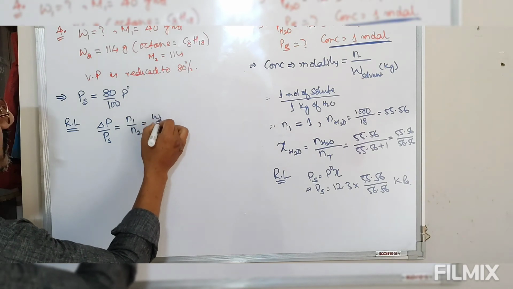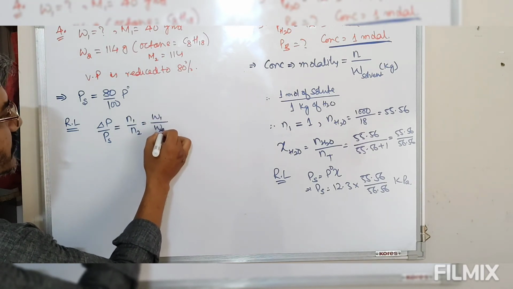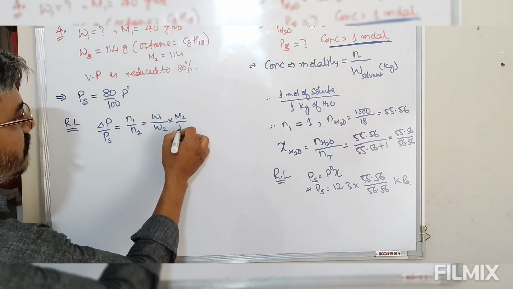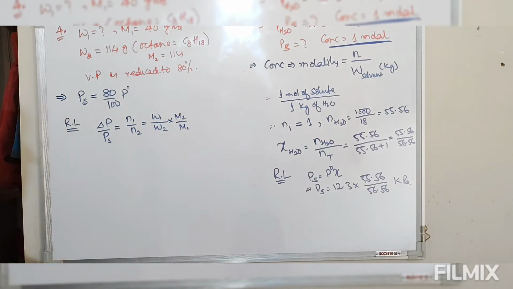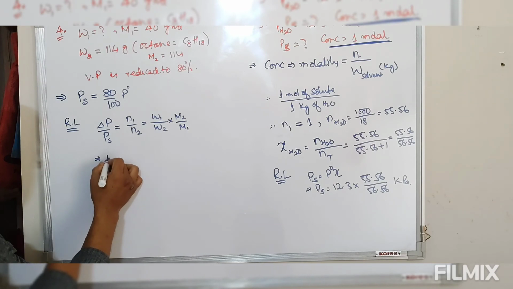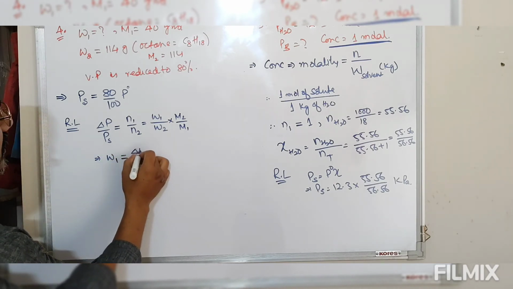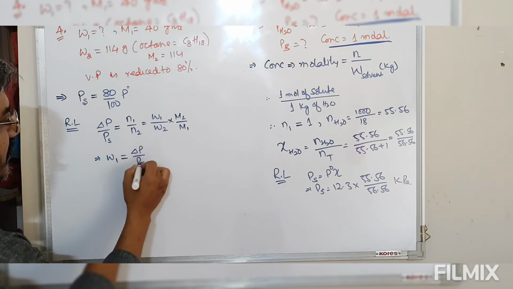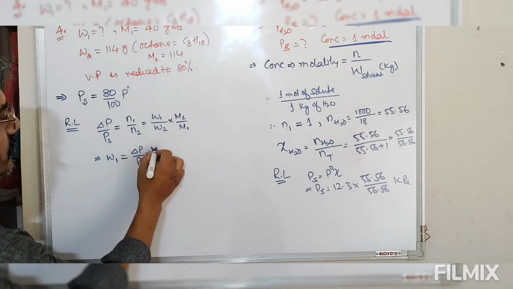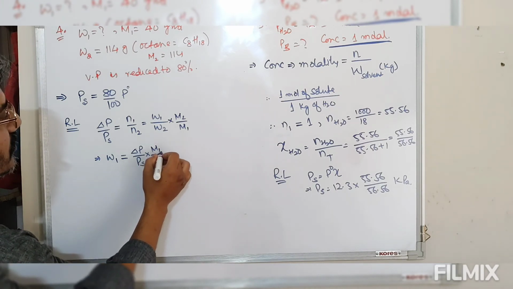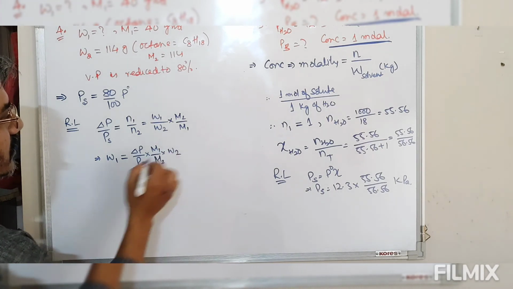N1 is W1 by M1, N2 is W2 by M2. So we can write this in terms of mass and molar mass. Now we have to find W1, so W1 is equal to delta P by PS into M1 by M2 into W2.